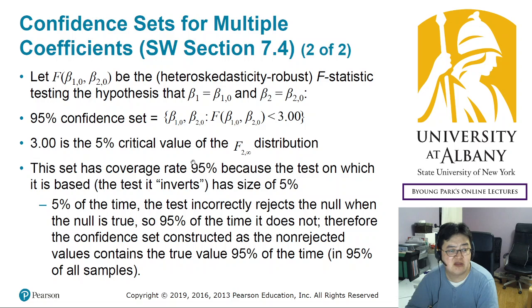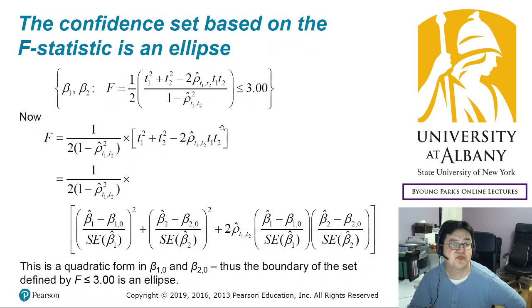And then automatically, if you choose a 5% significance level, the resulting set will have a coverage of 95%. So this confidence set will be true with 95% probability, as long as the test was 5%. Then it makes sense. This is a straightforward extension from the one-dimensional case.